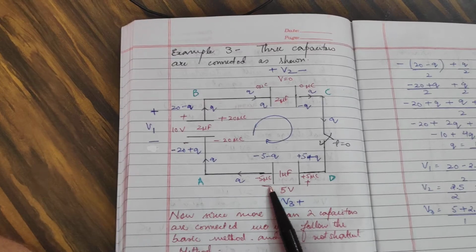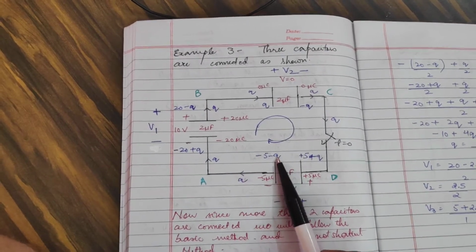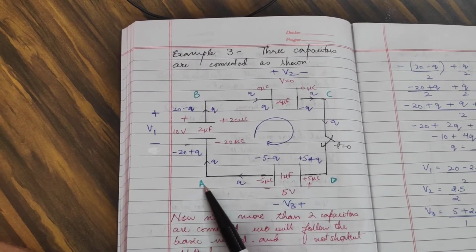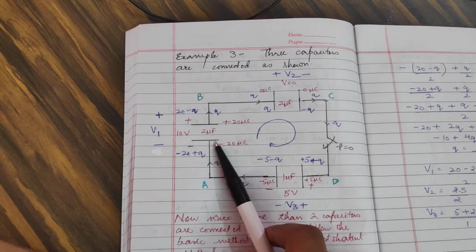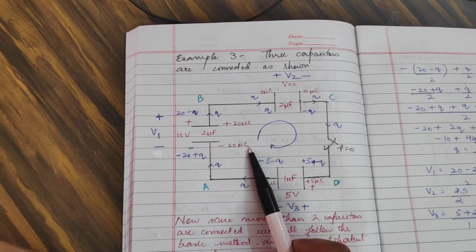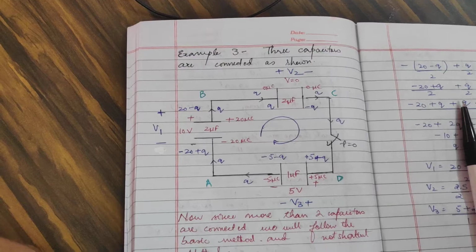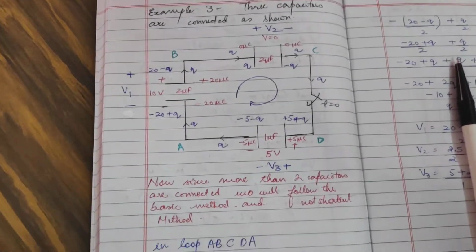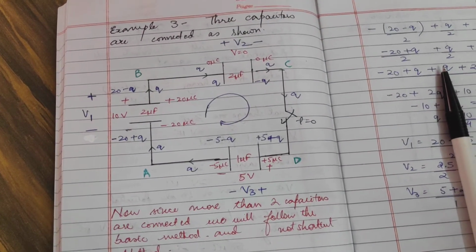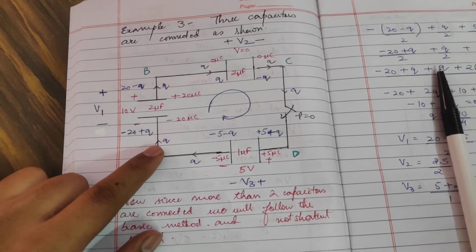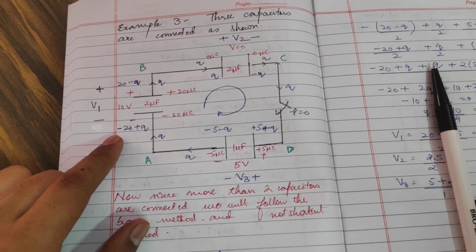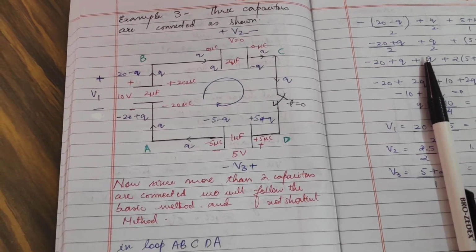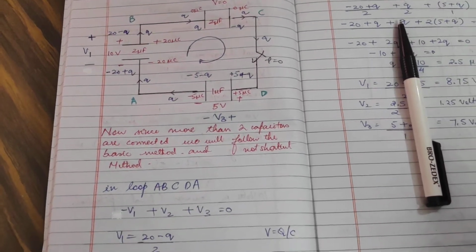So from minus 5, if I remove Q, it will become minus 5 minus Q. And this Q is entering the negative plate over here, minus 20 microcoulomb. So I am adding Q to minus 20. That means the charge becomes minus 20 plus Q.